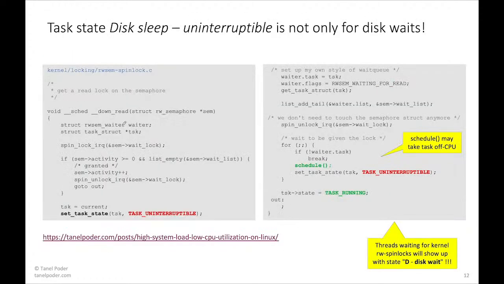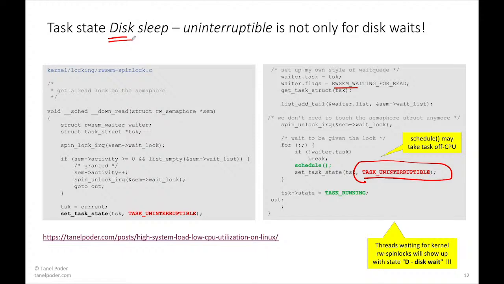Okay, I mentioned that disk sleep is, by the way, not only for disk I/O waits. Here is proof if you want to read the Linux source code. Here's an example where we are trying to get a semaphore. Essentially, we are trying to get the lock on the inode, I think, and if that fails, we go to sleep, and we are asleep in disk sleep.